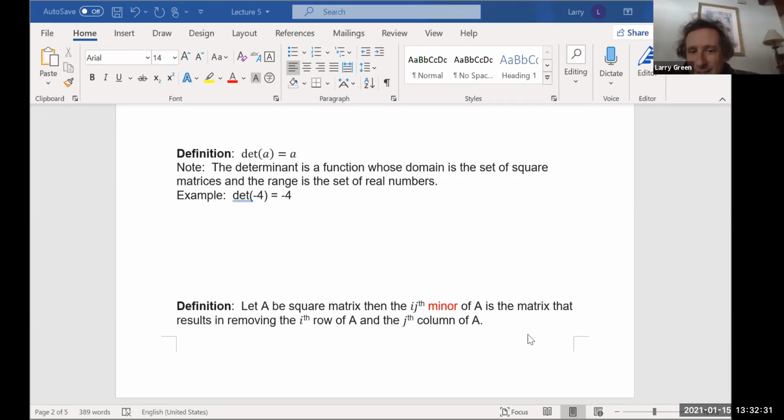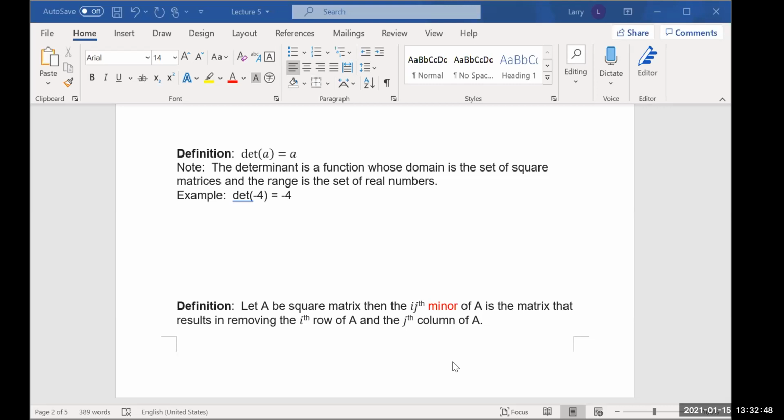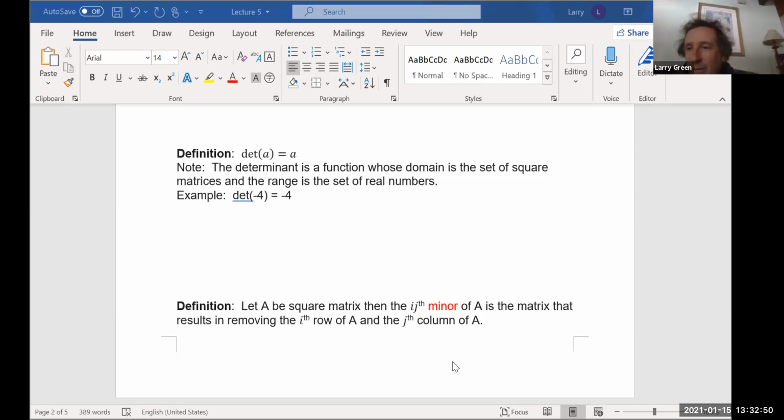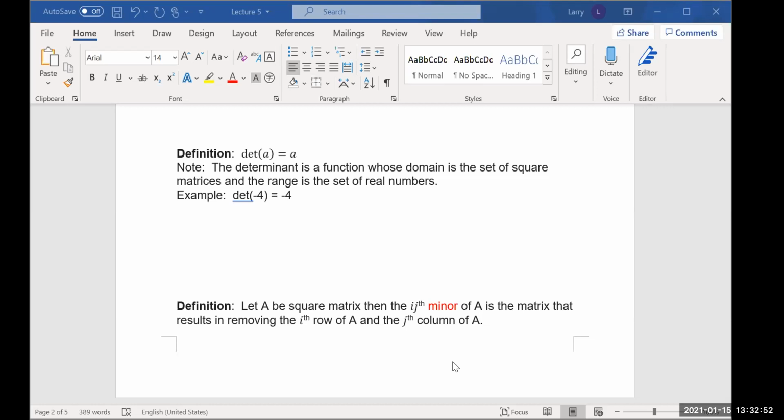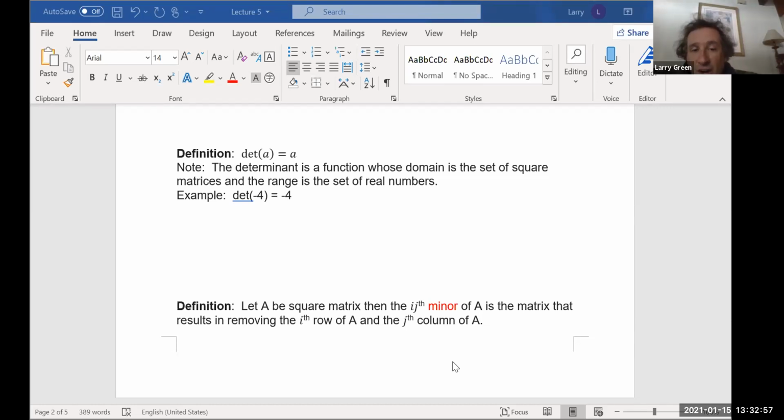Not quite. Let's think about it. We're removing that second row, and we're also removing the fifth column. When you remove those, what are you left with? A 4 by 4 matrix. Exactly, a 4 by 4, because you're removing one row and one column. So if you start out with a 5 by 5 and take a minor, you get a 4 by 4. Any questions on that?